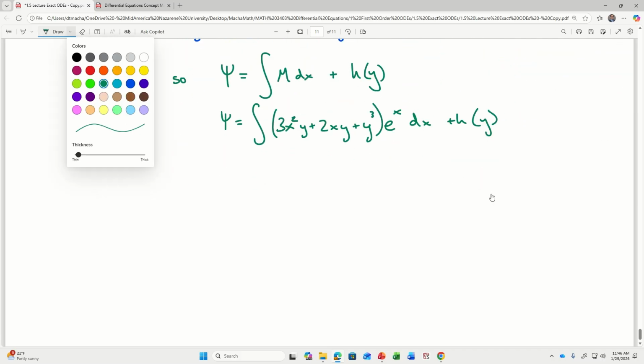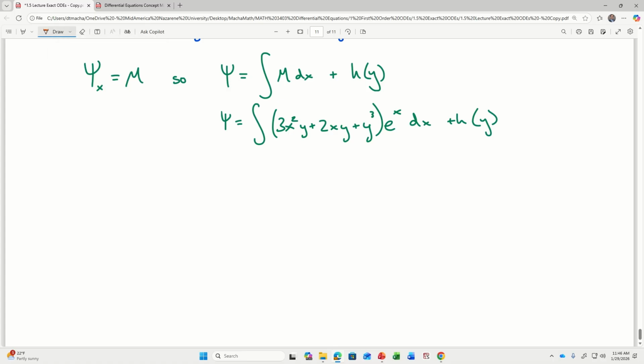And I'll start my integration by parts over here. In an integration by parts with a polynomial factor and an exponential factor, the polynomial gets to be the u. So the u is going to be 3x squared y plus 2xy plus y cubed. And the dv gets to be e to the 3x. I lost my 3 here.